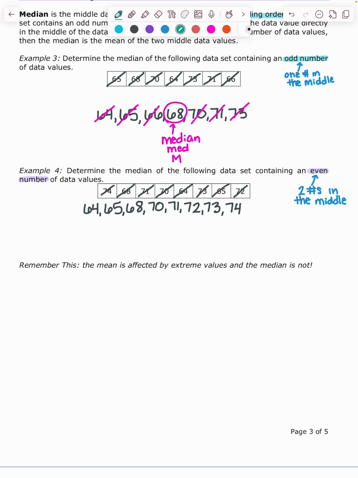Now I'm going to cross one out from each side again. And now I have two numbers in the middle. So what I have to do is find the middle of these two numbers. A guaranteed way to always find the middle of two numbers is to add them together and divide by 2.